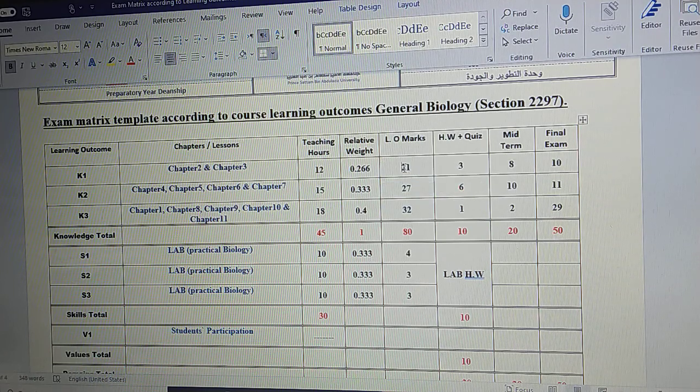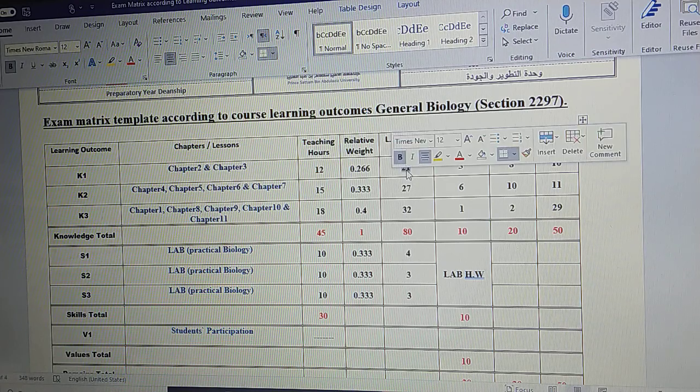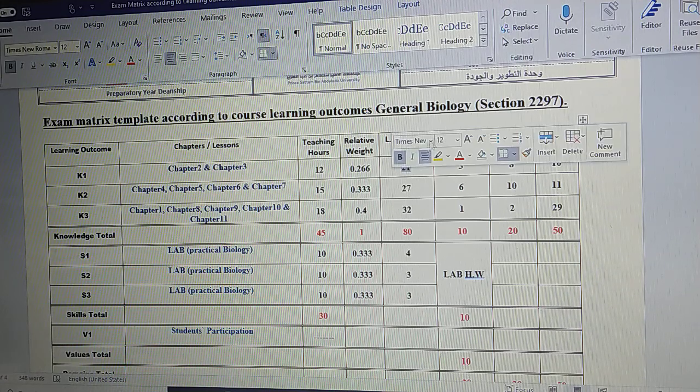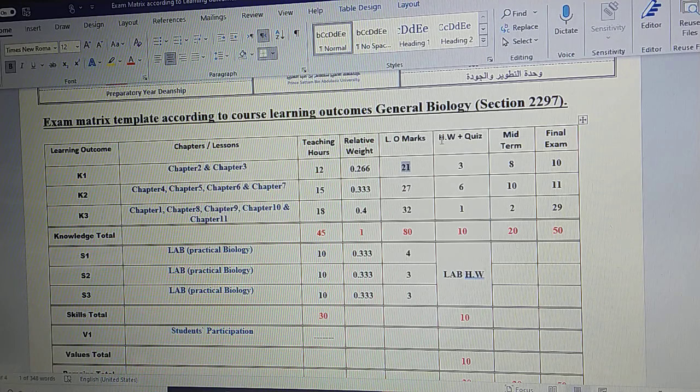After this, the K1 learning outcome is represented by 21 marks. I want to evaluate these marks in the different assessment methods. So I have to divide these 21 marks among the different assessment methods, which are homework plus quizzes, midterm exam, and final exam.